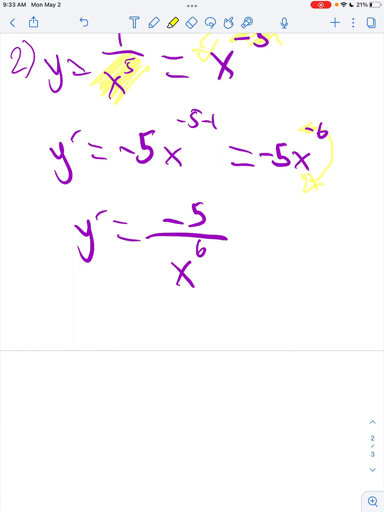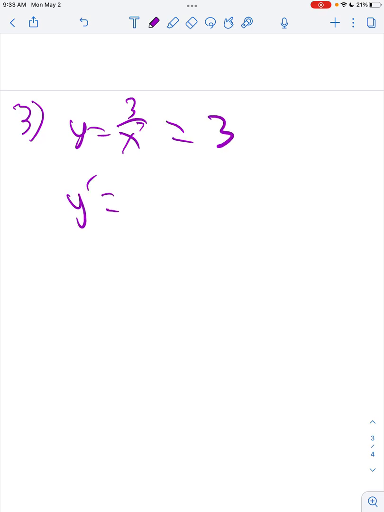All right, let's do a couple more examples. y equals 3 over x to the 7th power. To find y prime, I'm going to make this into 3x to the negative 7th power.